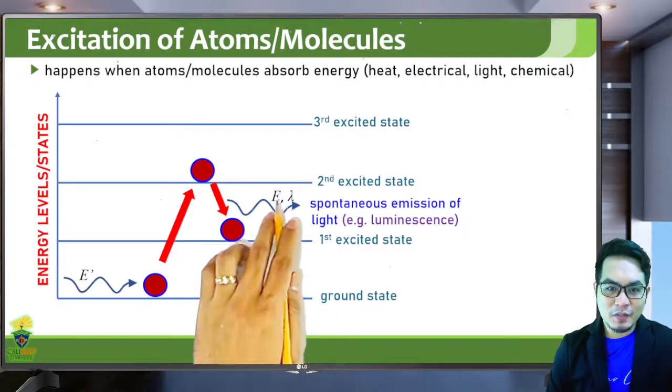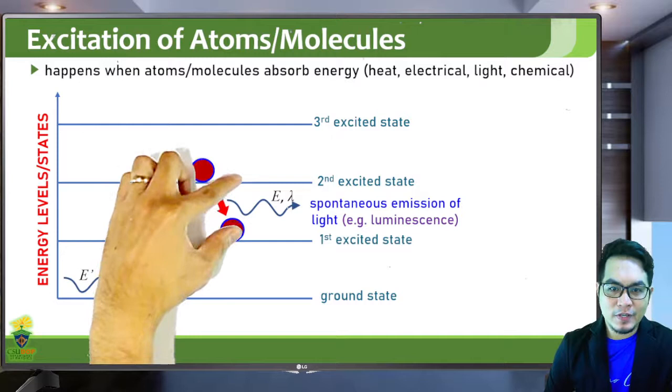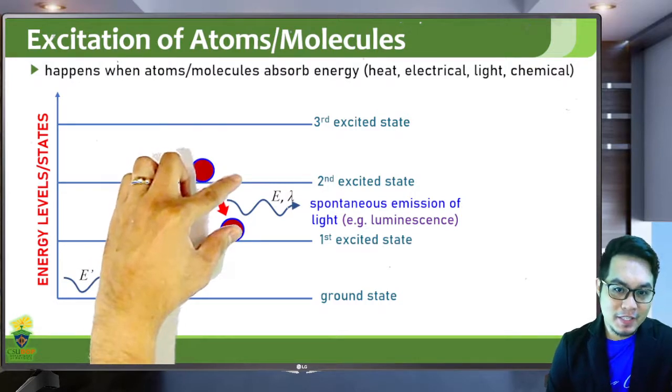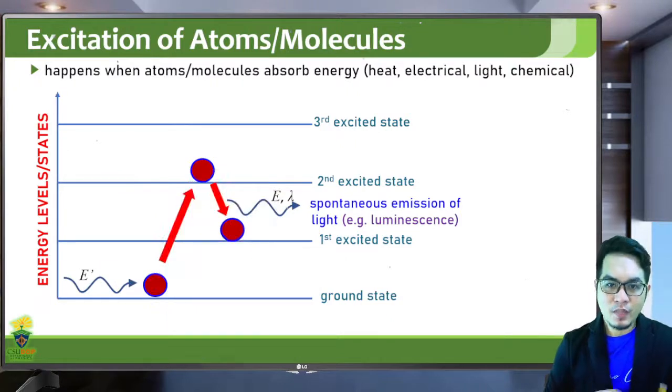And the energy of this light is equivalent to the difference of the first excited state energy level and the second excited state energy level. So, spontaneous emission of light, of course, can lead to luminescence.